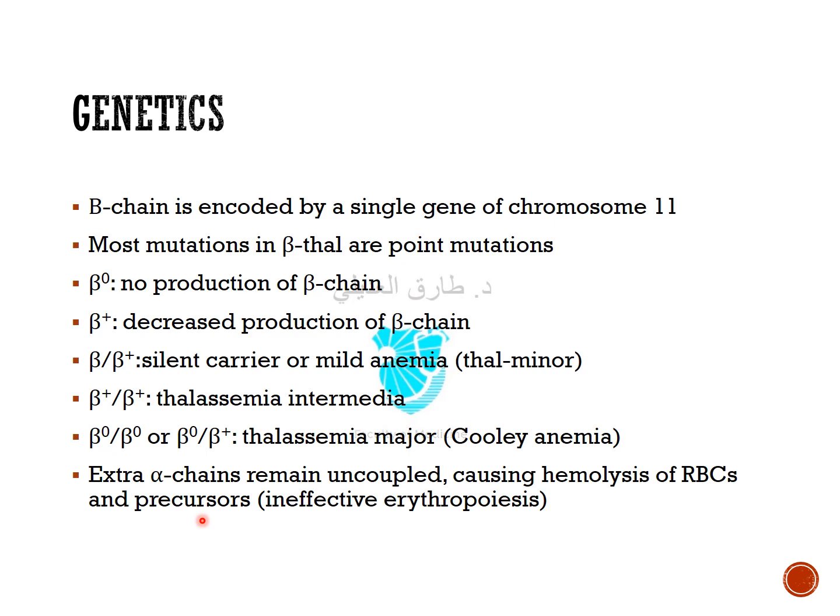So we have early hemolysis, as we mentioned in myelodysplastic anemia, but in this one it is more serious because every RBC has this problem. This makes beta thalassemia in general have worse symptoms than alpha thalassemia, because the extra alpha chains do not bind to each other, do not form hemoglobin, so they cause hemolysis inside the bone marrow.